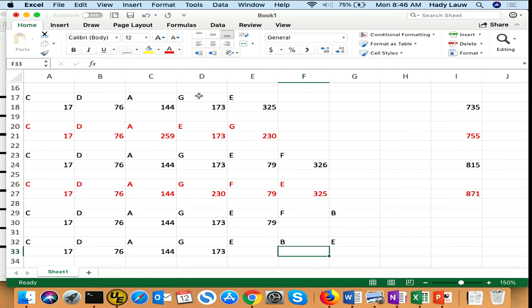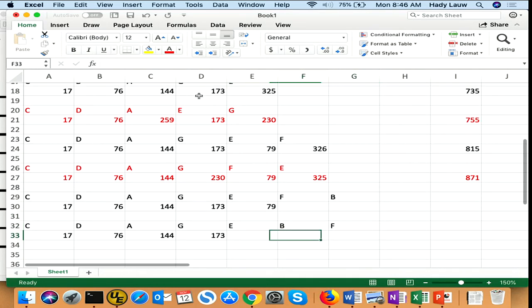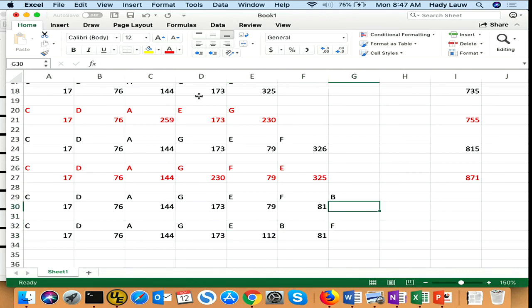So this is okay. So the BF is 81 in both cases. So BE is 112 and the BC, so this one is 246.